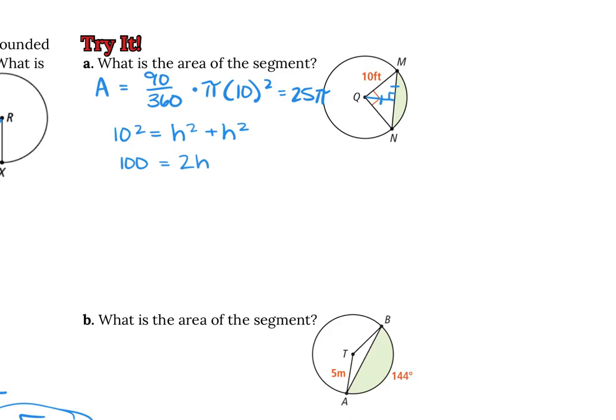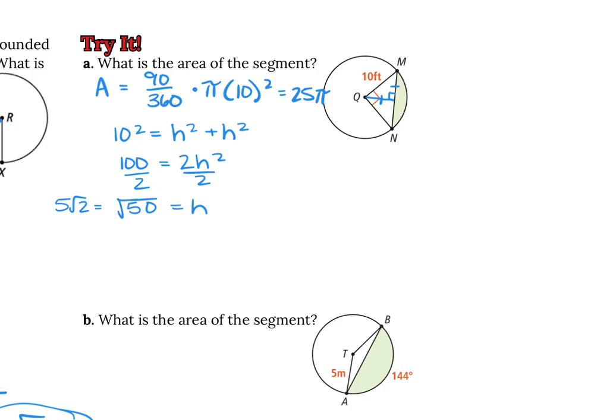So I end up with 2h squared, divide by the 2. So I'm going to end up with square root of 50 once I simplify, which is also 5 square root 2.